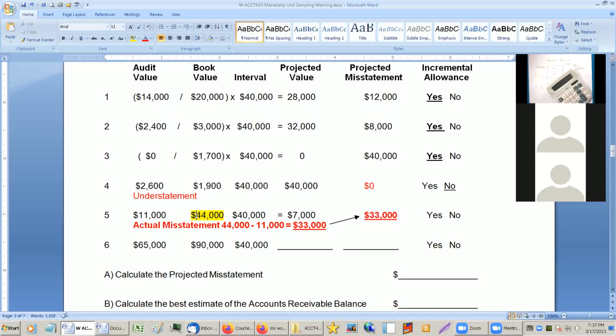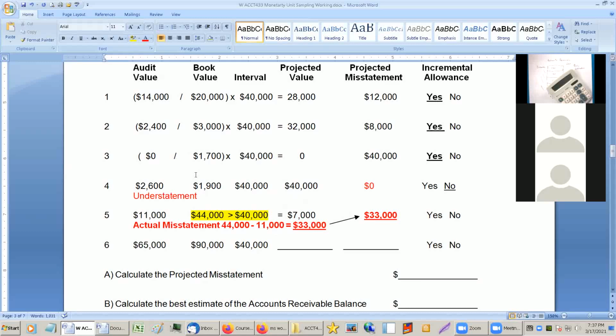Okay, got it. Yeah, and this comes about because of the book value being greater than the interval. You'll notice too, if we were to multiply it out, it would have the opposite impact that it normally does for sampling. It would be reducing.